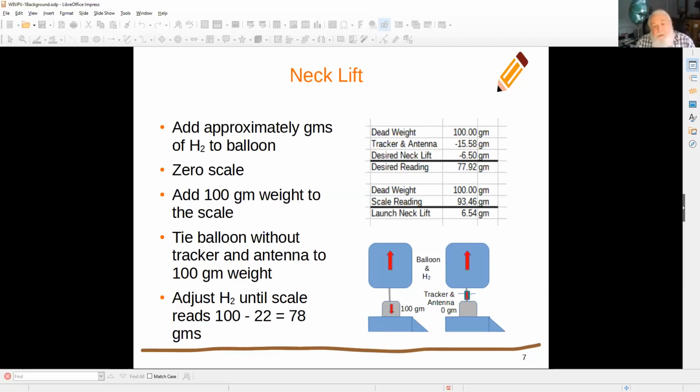Well, actually before that, we weighed the tracker and the antenna, and we found out they weighed together only 15.58 grams. Jim, it's a good point here to realize that we've got a GPS receiver, GPS antenna, printed circuit board, a 4 farad micro cap, a 20 meter transmitter, and a half-wave dipole on 20 meters.